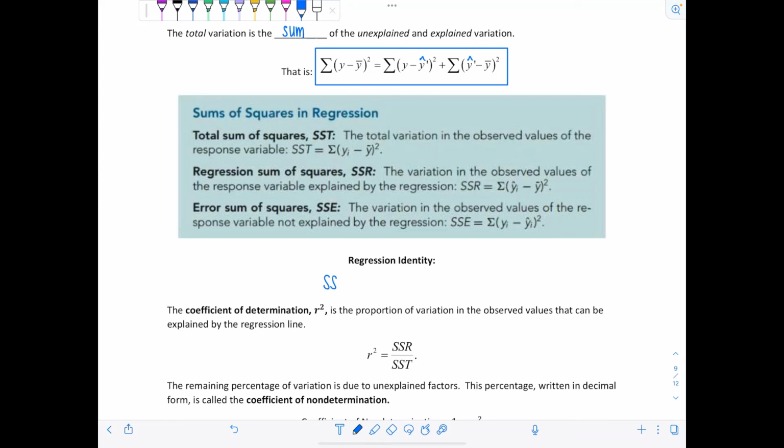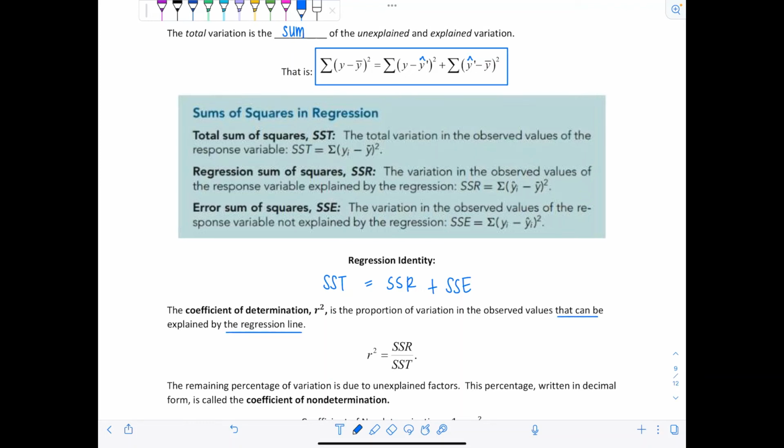So the total sum of squares, SST, is equal to the regression sum of squares plus the error sum of squares. Now, why do we have this? Well, the coefficient of determination, r squared, gives you the proportion of variance in the observed values that can be explained by the regression line.